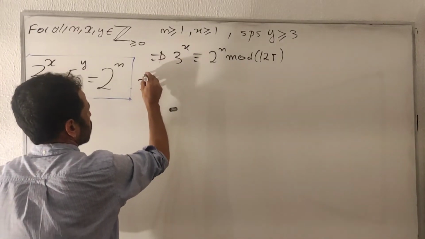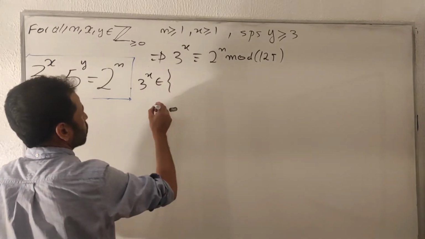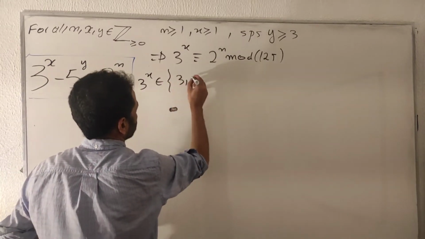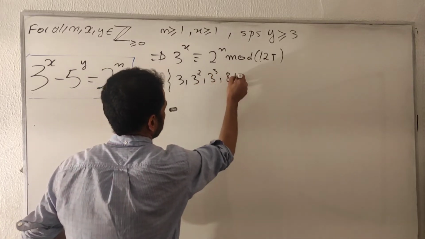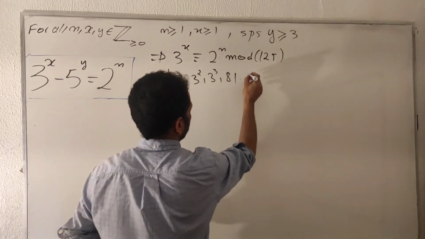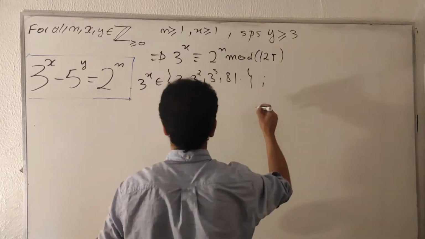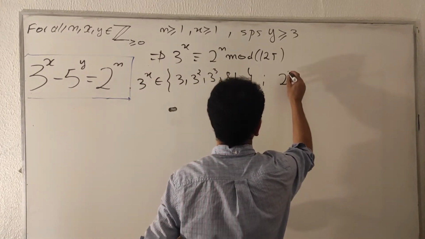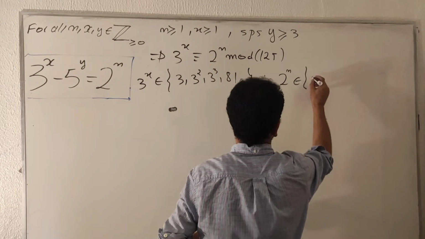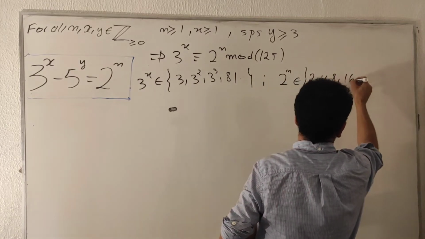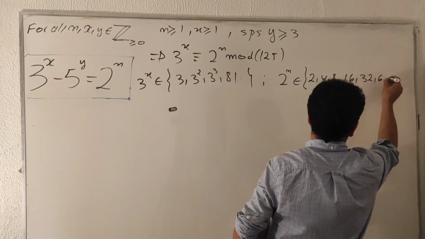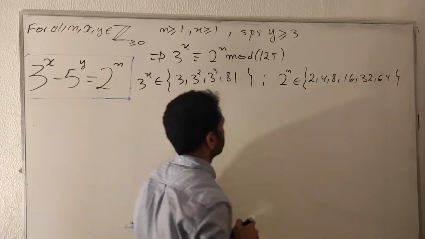We will take x from this set: 3, 3 squared, 3 cubed, and 1, which is 3 to the 4th. We are going to stop here. Then for the other one, I get 2 to the n from this set: 2, 4, 8, 16, 32, and 64. We are also going to stop here.